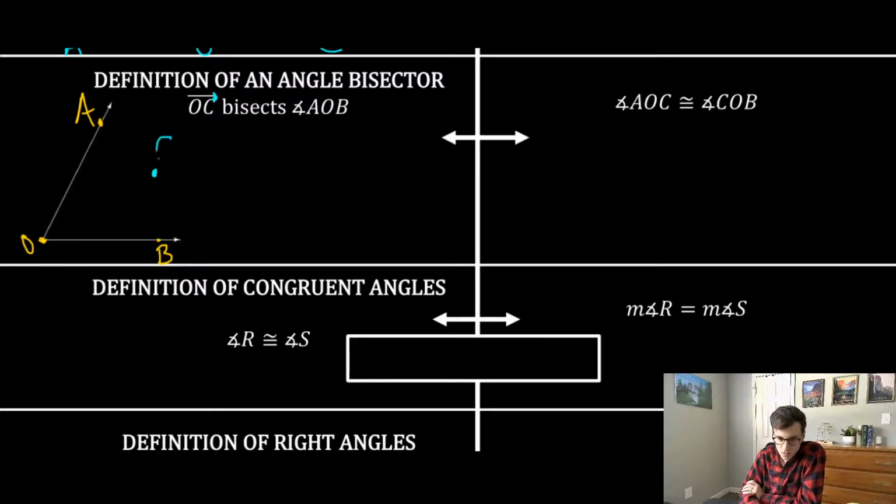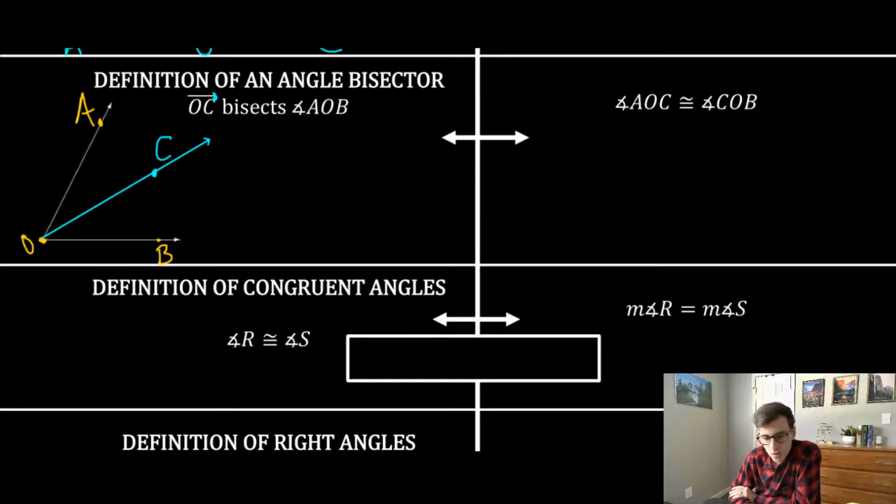Ray OC. And this probably won't look like it actually splits it in half, but it's not too bad. Okay, so this ray OC bisects AOB if and only if those two angles are congruent.